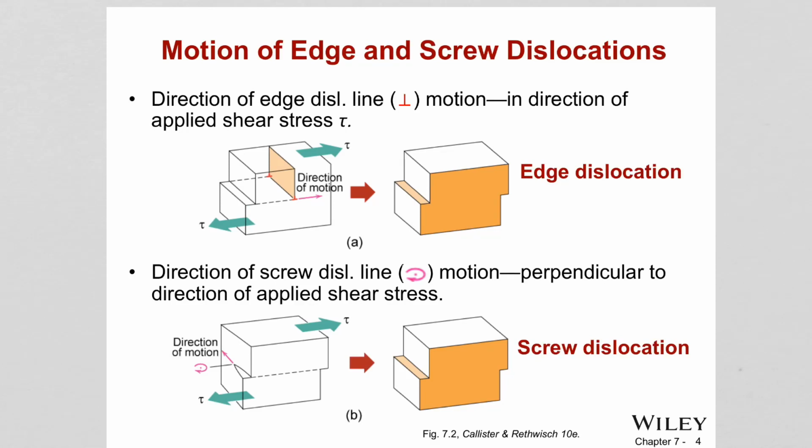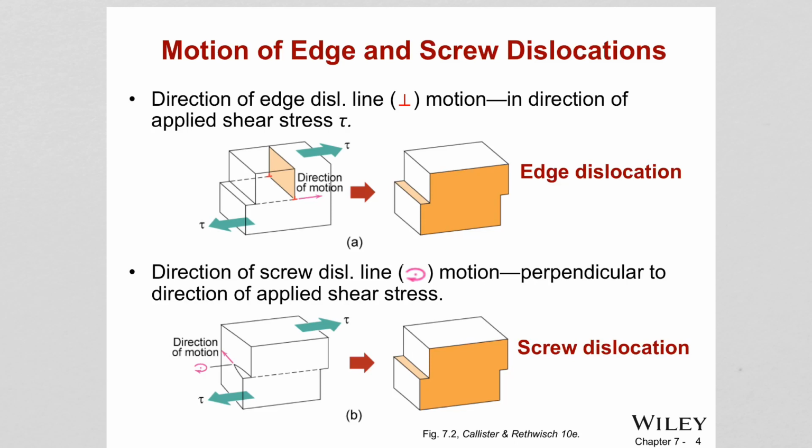So there are edge and screw dislocations, but many times in materials they exist as mixed. So we also learned the mix of edge and screw dislocations, right? So let's see how screw dislocations move in response to applied stress, and compare it with the edge dislocation.